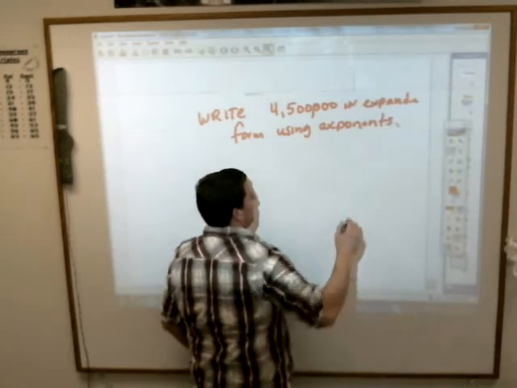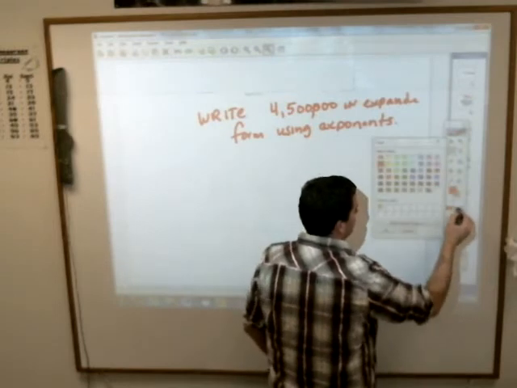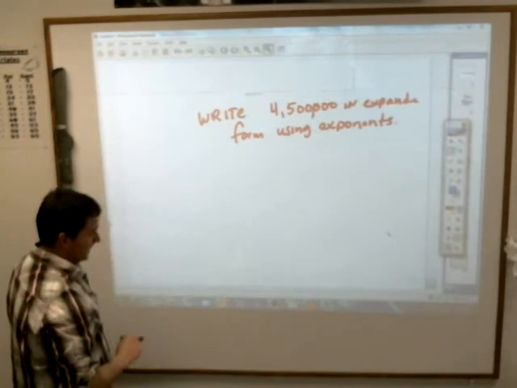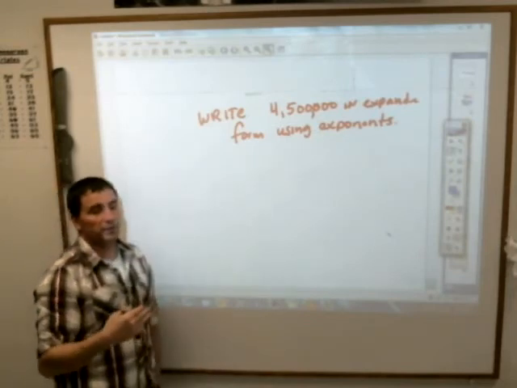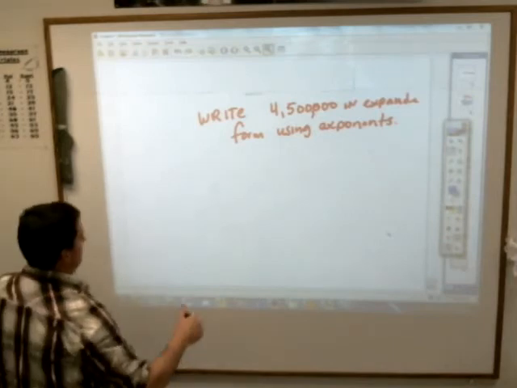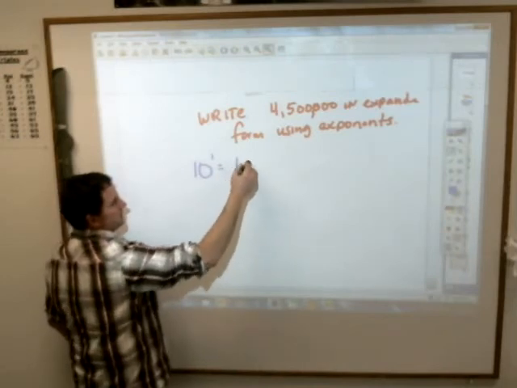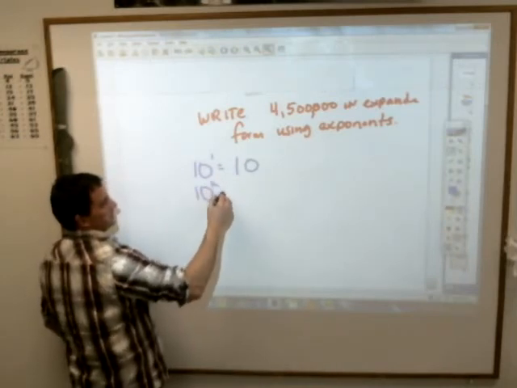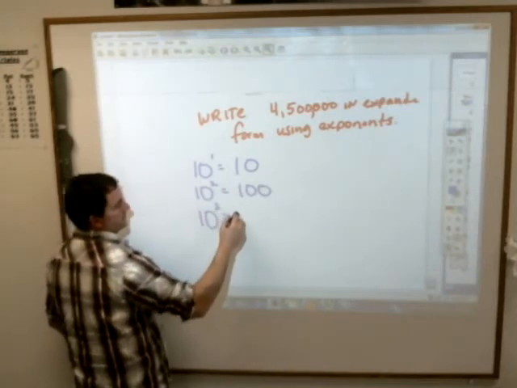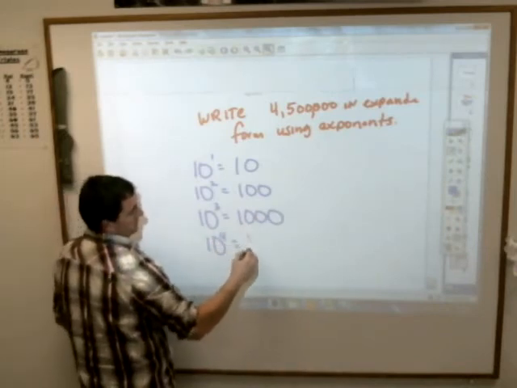Now, before we talk about that, I should have talked about this a little bit before. The nice thing about exponents is they can make things a little shorter and a little simpler for you. One of the things we like to use exponents a lot with is tens, because tens are really easy to use exponents with. For example, 10 to the first power is 10. 10 to the second power is 10 times 10, which is 100. 10 to the third power is 1,000. 10 to the fourth power is 10,000.